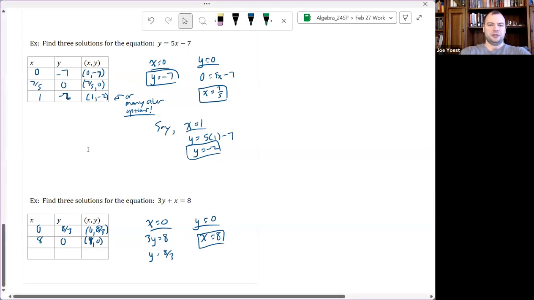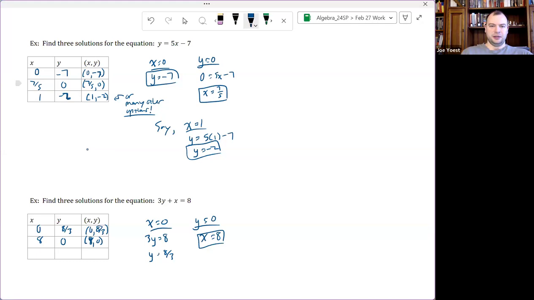Okay, so for both of these, I'll start by finding the solutions that are on one or the other axis. So when x equals 0 or when y equals 0. Up here, the first one wasn't bad, (0, -7) being the solution on the y-axis. The solution on the x-axis, a little messier, (7/5, 0).